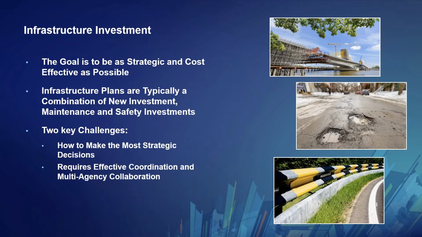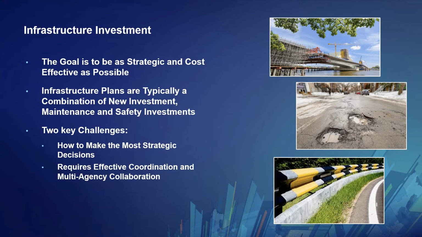And ultimately, there are really two key challenges. One is, how can we make the most strategic decisions? That is, we have limited dollars. How do we make sure that they are having the greatest impact on mobility, on safety, on other goals that we want to maximize and optimize in our transportation plans?